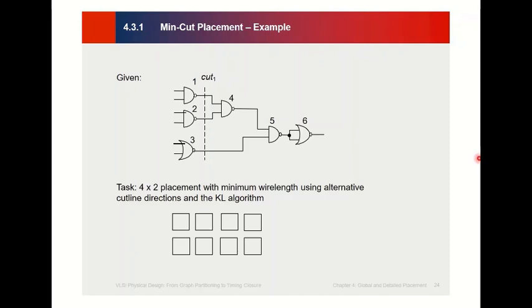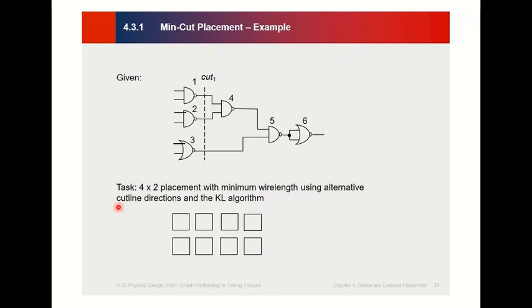As an example, we are required to make a placement for this circuit. We are allocated 4x2 regions. So use KL algorithm for min-cut placement using alternating cut line directions.